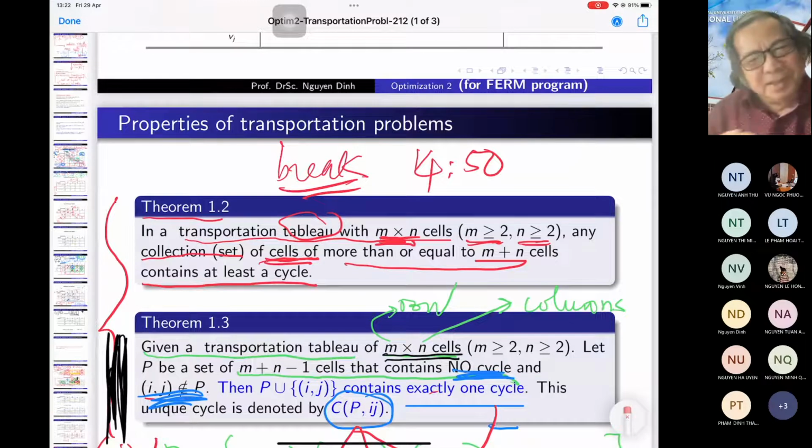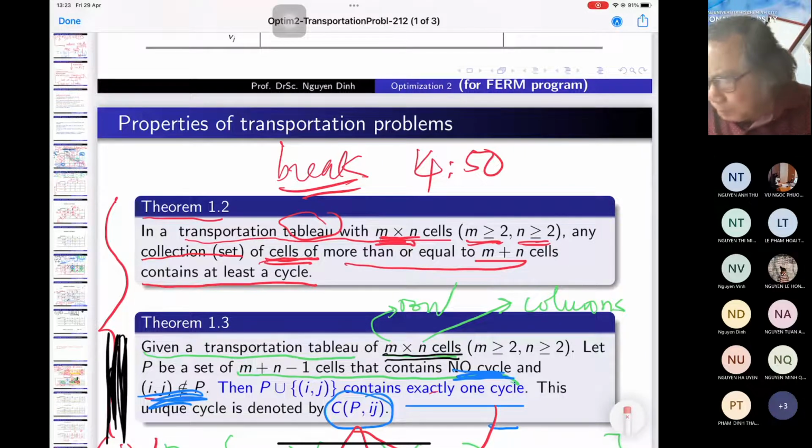You have 6 cells without any cycle, and m plus n minus 1 is 6. Now if you include into P one more cell which is not in P at the beginning, then it will create for you exactly 1 cycle.